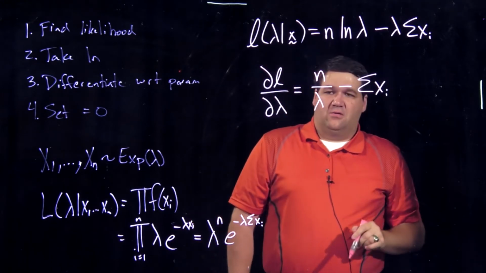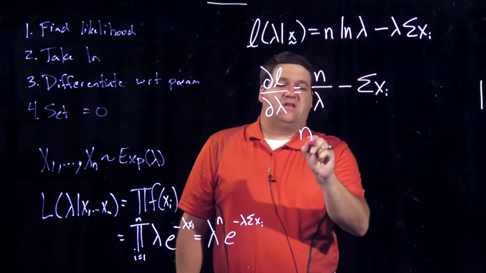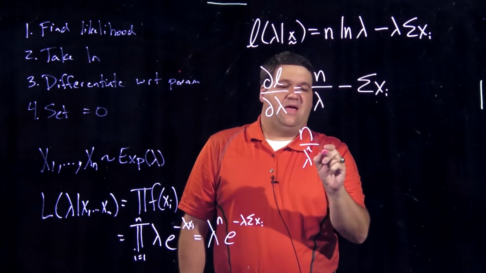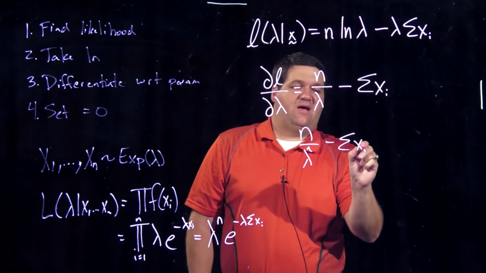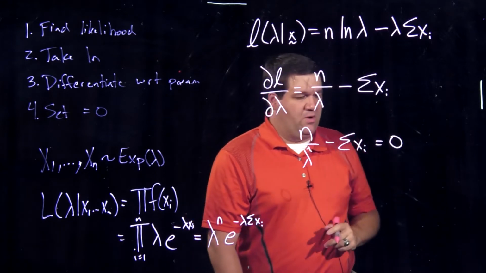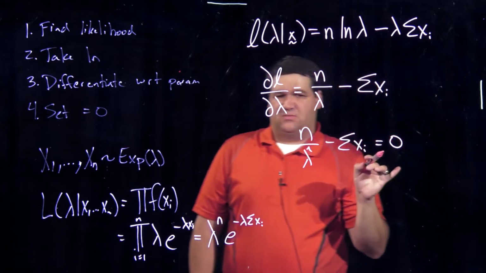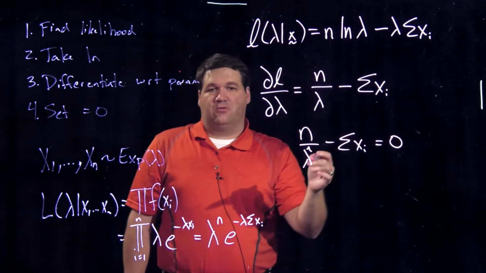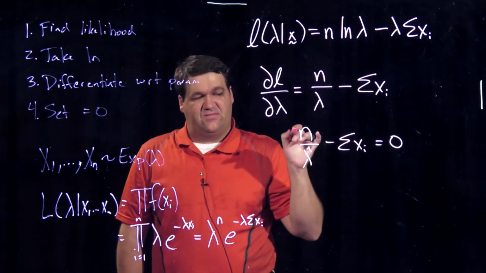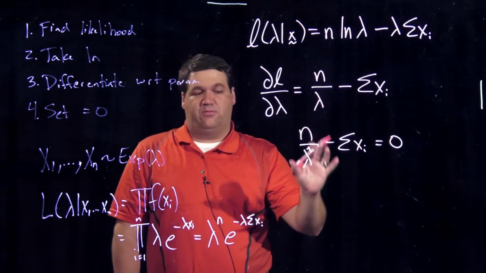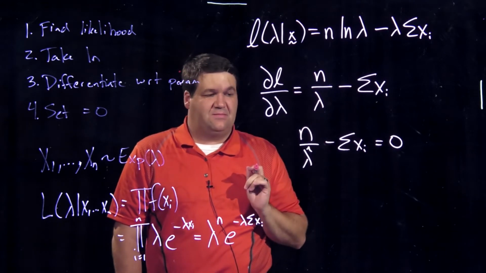This is my derivative, and finally I want to set it equal to 0. So n over lambda hat minus the sum of xi equals 0. Why did I put a hat on? When I set it equal to 0 at this point, I'm saying this value is the optimal value. This is the value of lambda that optimizes it.